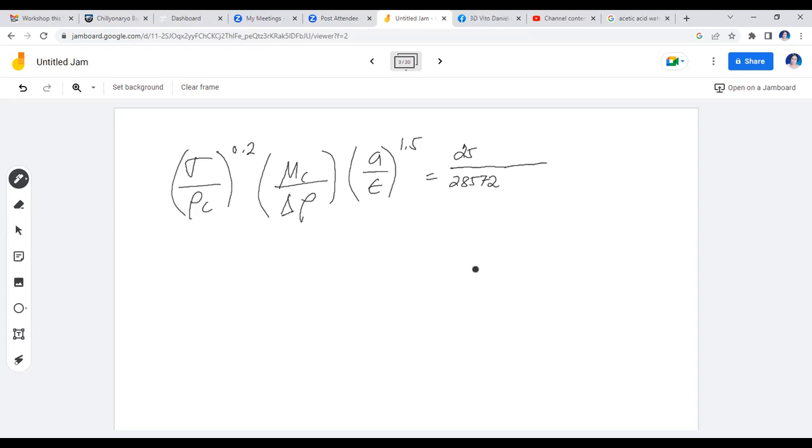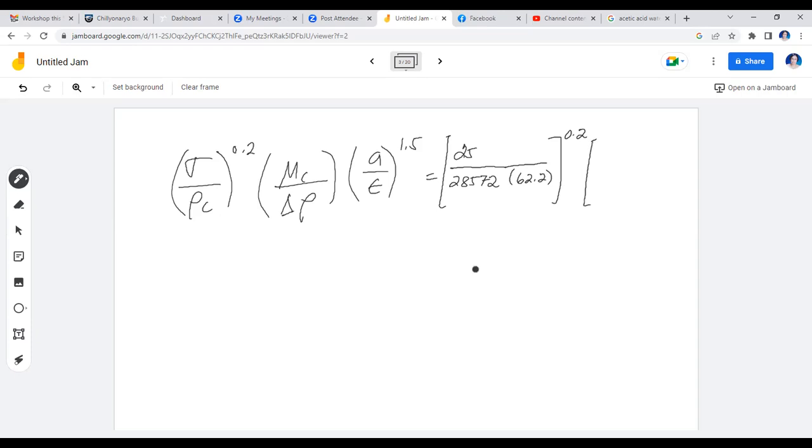You have still the density of the continuous phase. The density of the continuous phase is 62.2, close to that of the value for water. So I'll place it in the denominator. This one is supposed to be in the numerator for the conversion only of sigma. So you have 0.2.